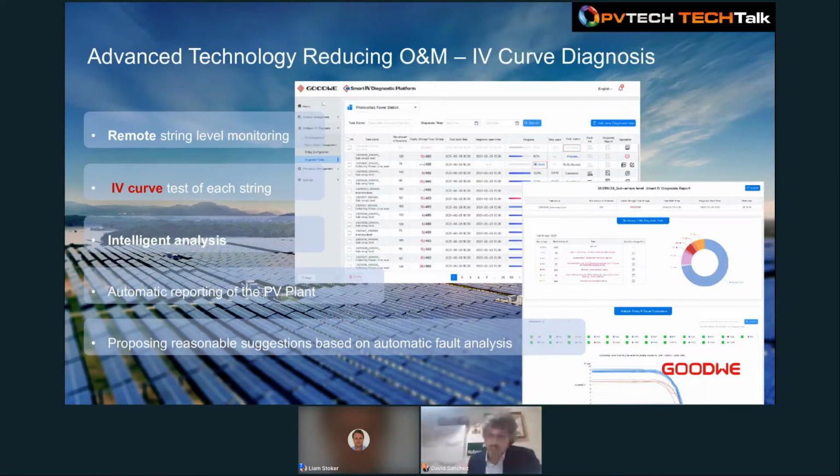So how does smart IV curve diagnosis work? Basically, the inverters will have a database of all the theoretical IV curves from the PV modules, right? Since the inverter has capacitors and resistance, it is able to vary both current and voltage, so the inverter will obtain the real IV curve.